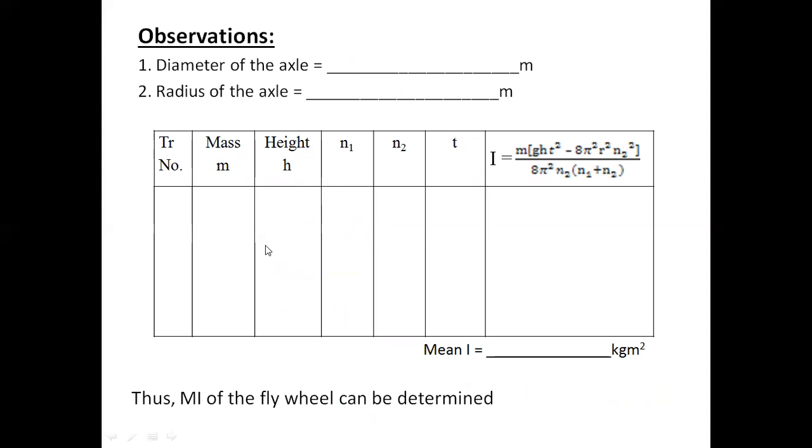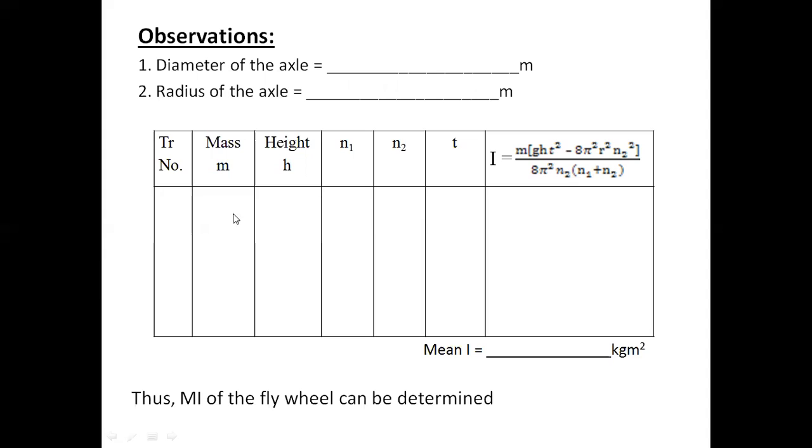Then take a twine thread and give a certain number of rotations. Note down n1, the number of rotations given to the thread. Then when the peg detaches from the axle, the flywheel starts rotating and finally comes to rest. Note down the number of rotations made by the flywheel till it comes to rest, that is n2, and also the time taken to complete n2 rotations.